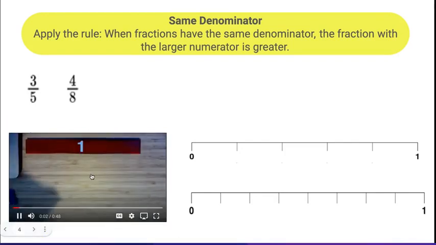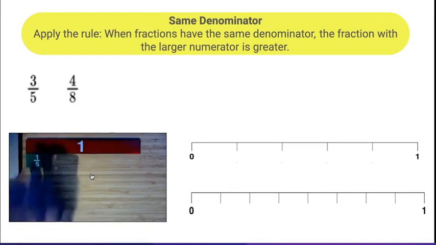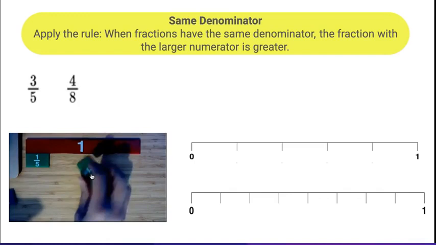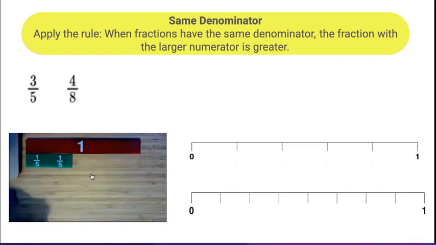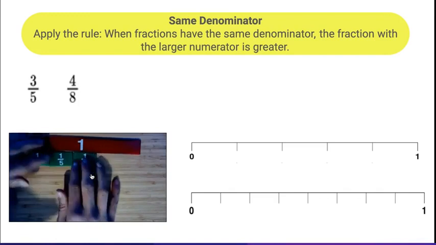In this example, we will see that 3/5 and 4/8 cannot be compared using this rule. Here is 3/5. And here is 4/8.